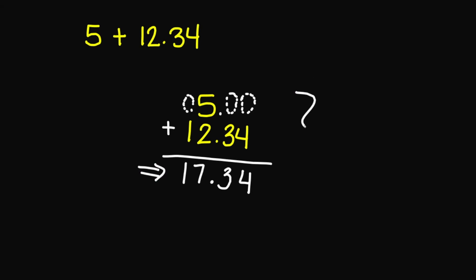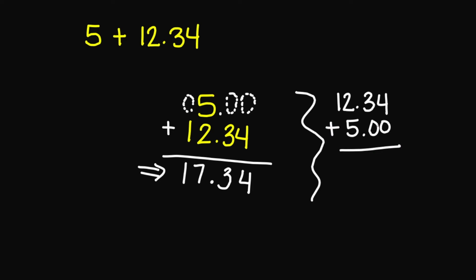And remember, if you wrote 0.34 on top and your 5 at the bottom, you will still get the same answer. Okay, so 4 plus 0 is 4, 3 plus 0 is 3, decimal plus decimal is decimal, 2 plus 5 is 7, and then you have your 1 plus 0 is going to be 1.